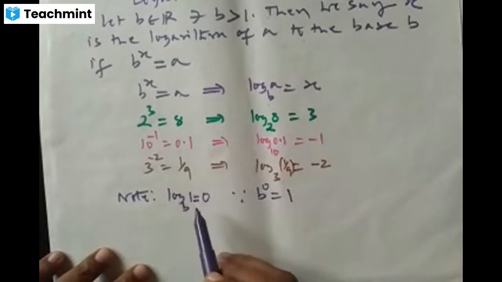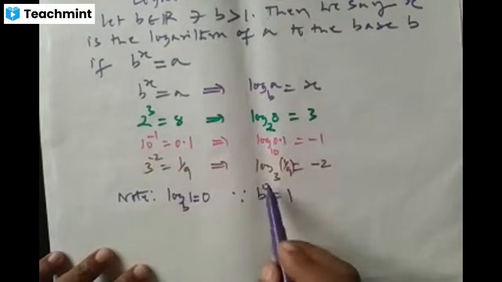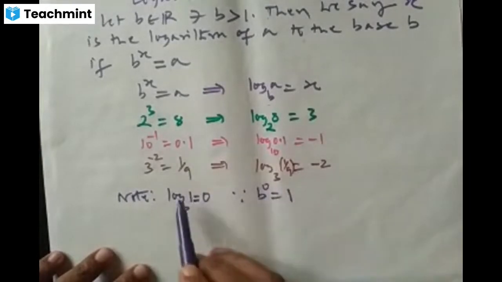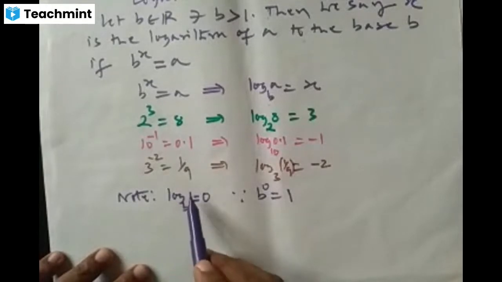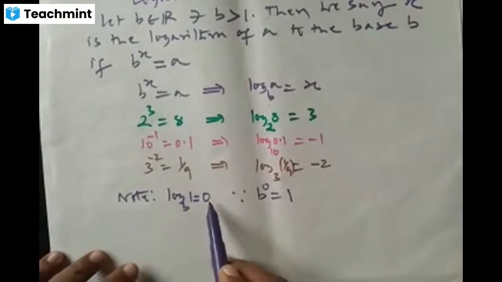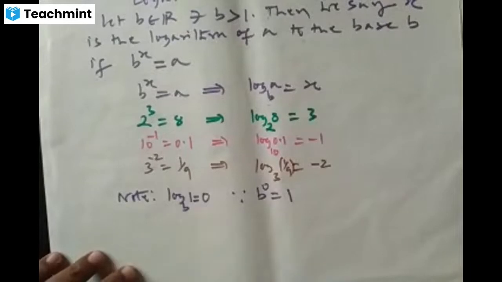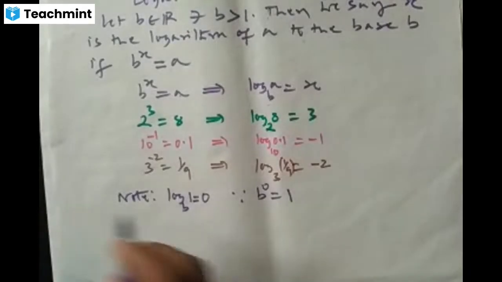I repeat, b power 0 is 1, so the power 0 is called the logarithm of 1 to the base b. So this is note number 1.